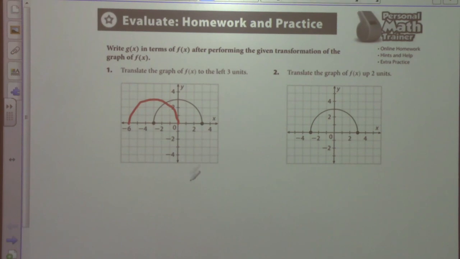How would we articulate in the language of algebra that translation? It's going to be g of x is equal to f of what? X what?